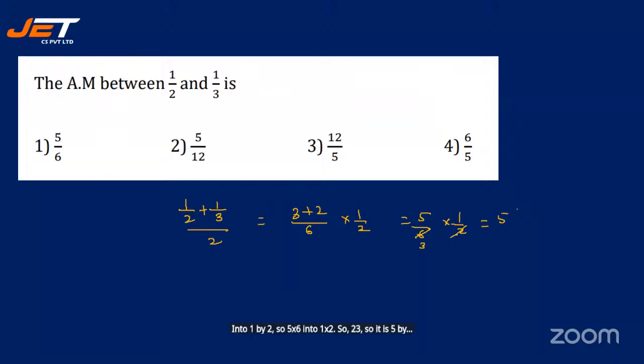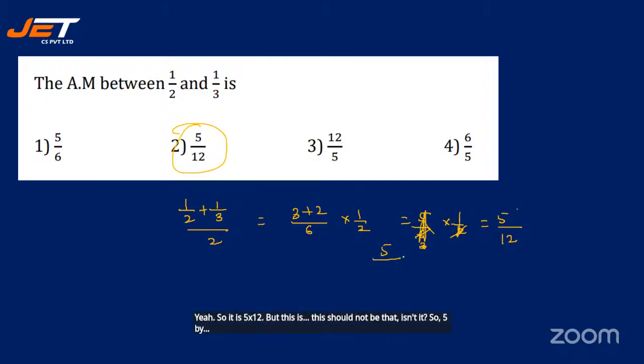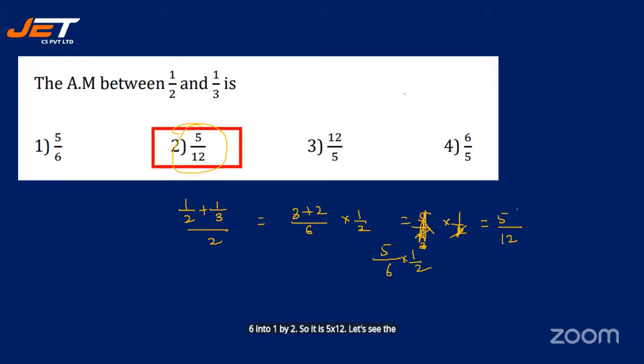Oh sorry, it's not addition. 5 by 6 into 1 by 2 is 5 by 12. This should not be done wrongly, isn't it? So 5 by 6 into 1 by 2. So it is 5 by 12. Let's see the answer. Yes, it is.